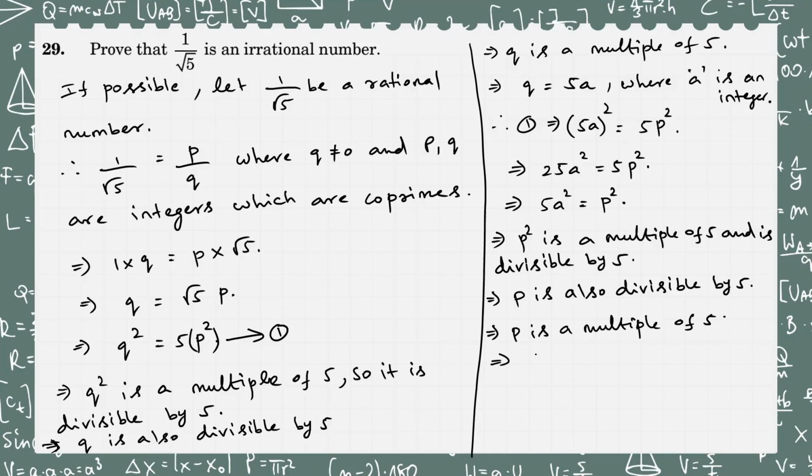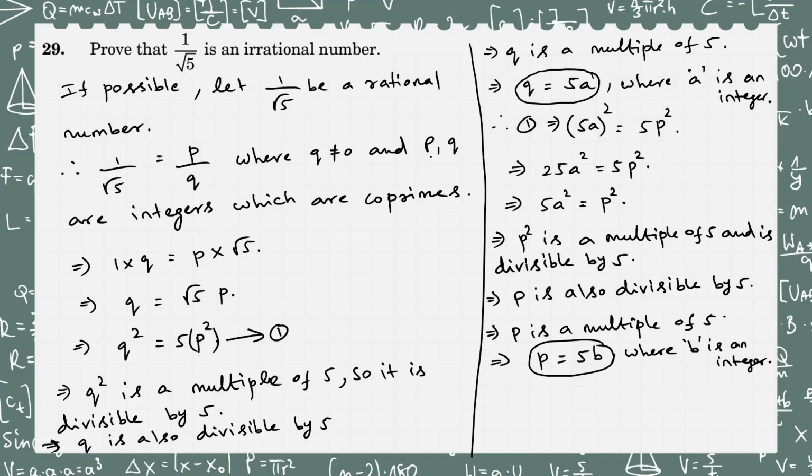That implies p can be written like 5b, where b is some integer. So see this, q equals 5a and p equals 5b. So 5 is a factor for both of them, or 5 divides both p and q. That means both p and q have a common factor 5.